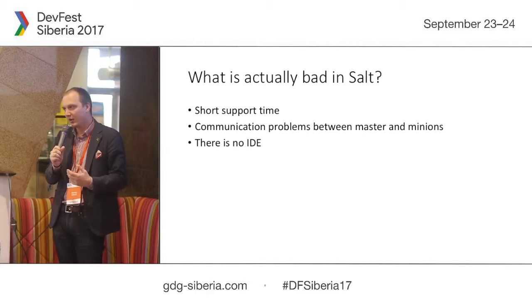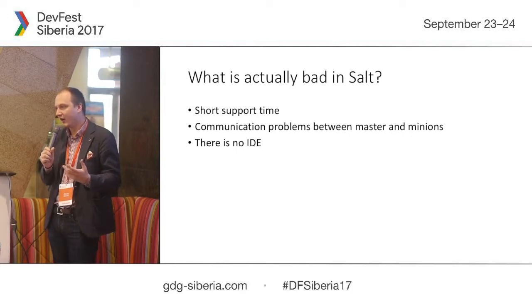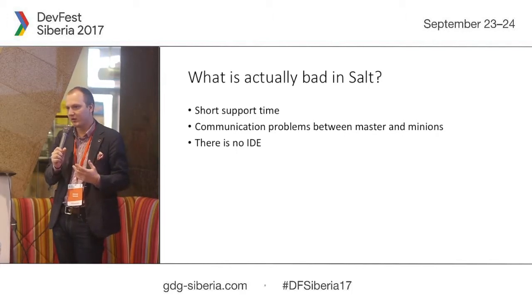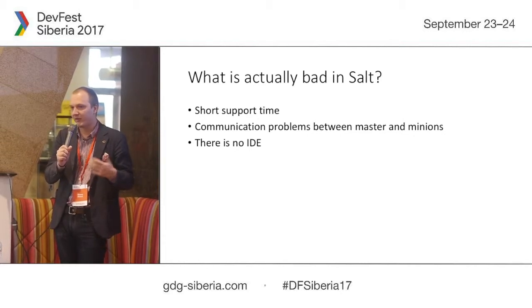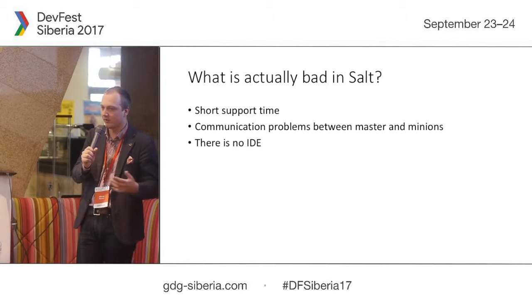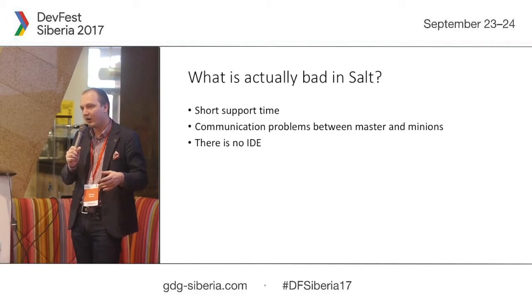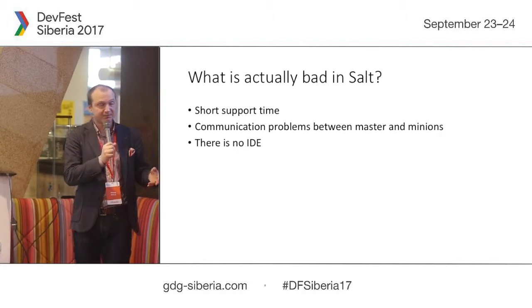On the other hand, what the Salt developers say is that you can run different versions of master and minion, and backward compatibility is provided for all Salt masters with minions which run an older version of Salt.